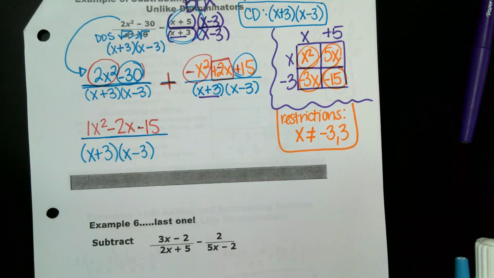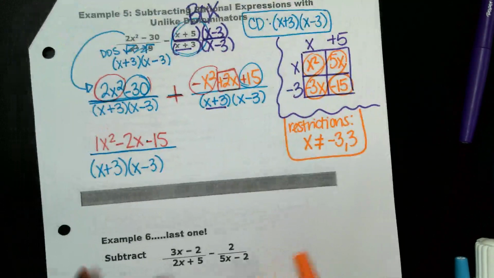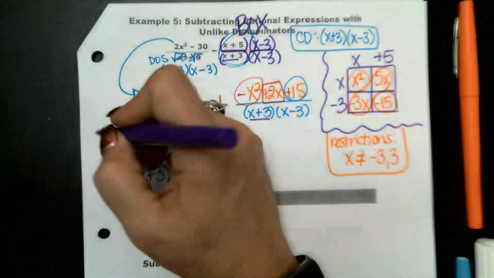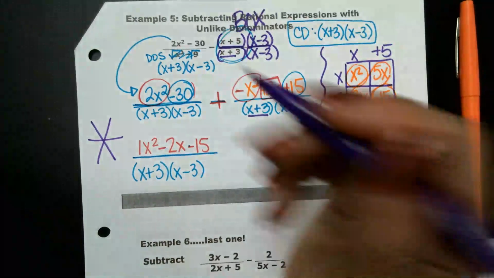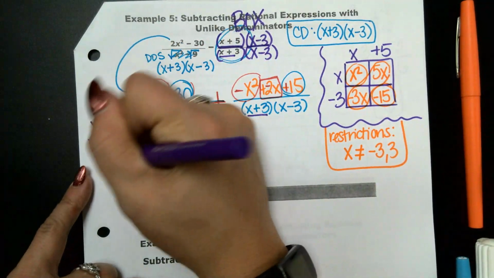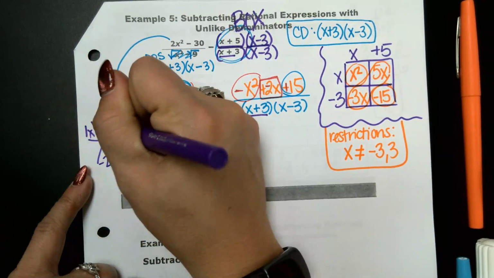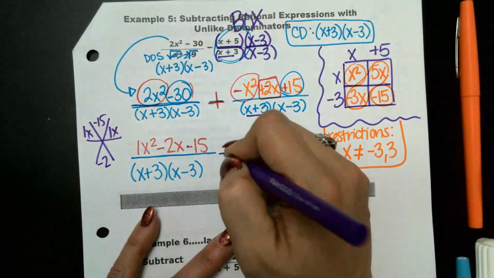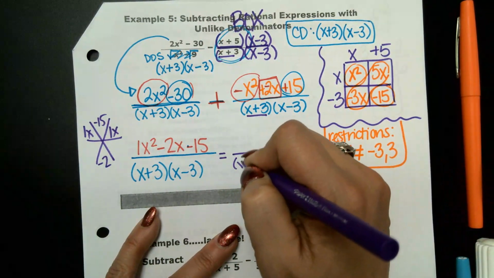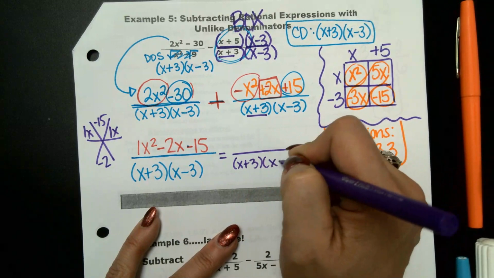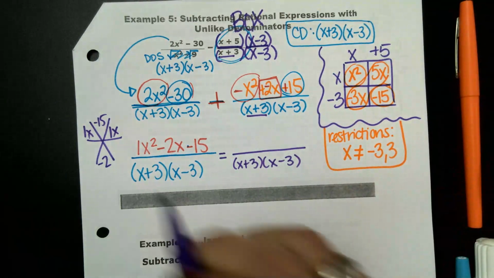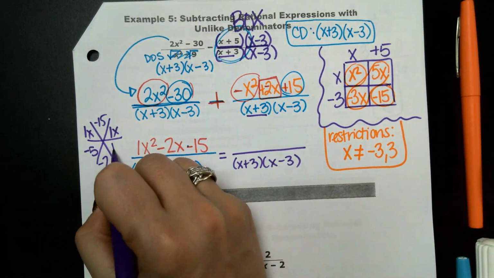We need to do that again. Negative 15 and negative 2. Negative 5 and positive 3.